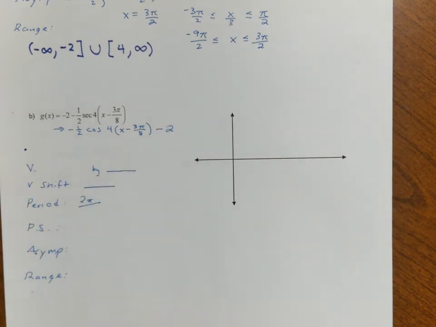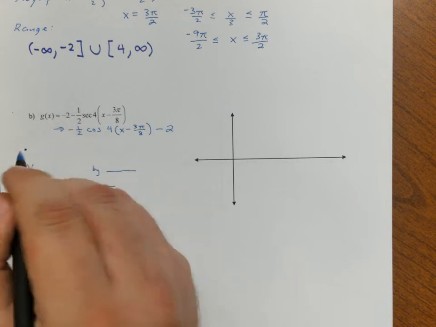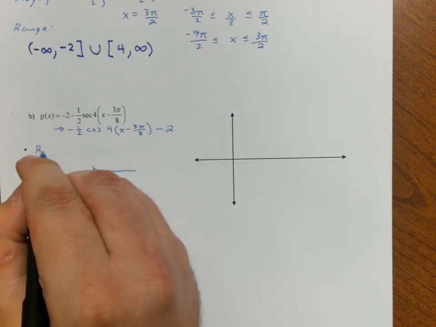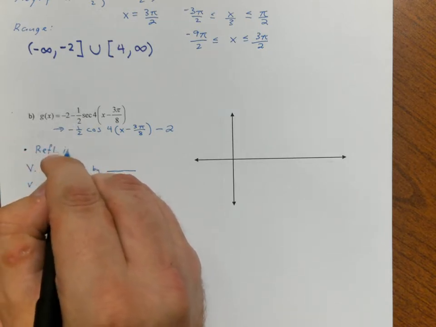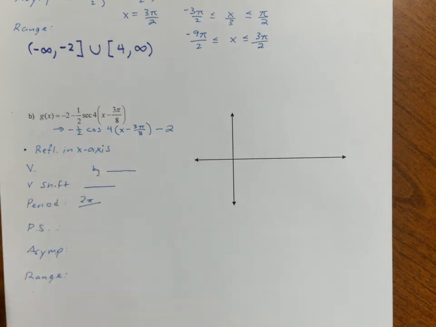All right, if I want to analyze this, the first thing I see is it's negative 1/2 the secant. That negative means that there is a reflection in the x-axis. We'll see how that affects our graph once we're working through it.